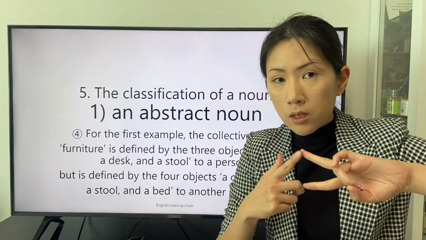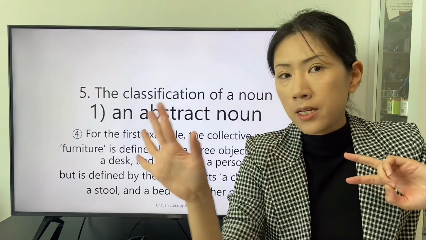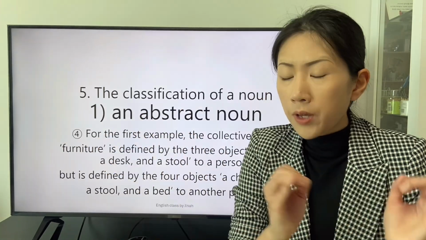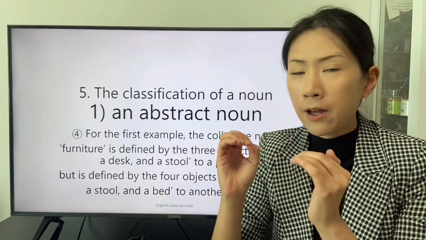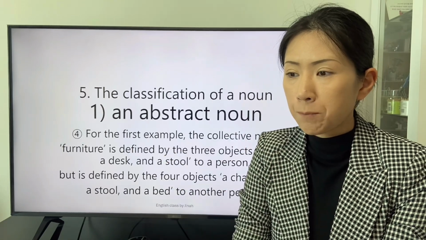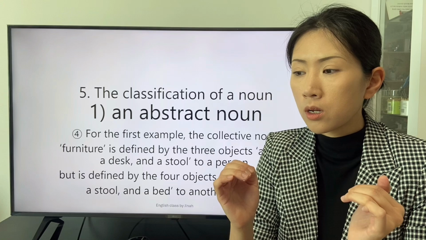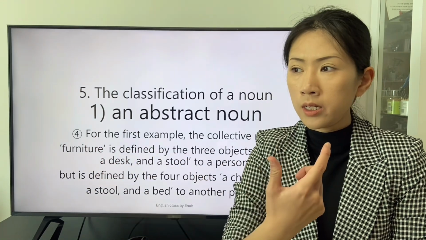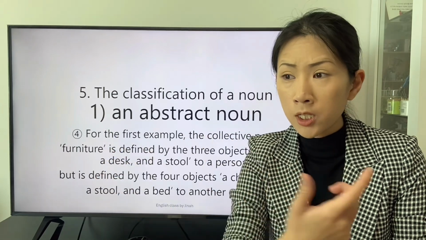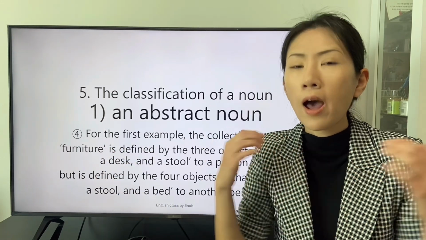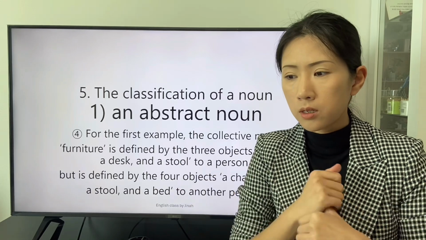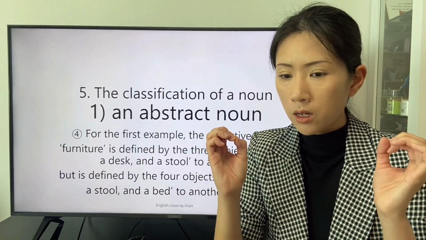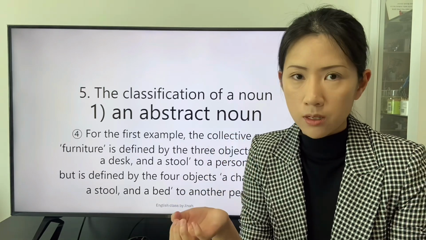So the collective noun indicates a characteristic which is metaphysical. The characteristic to define the noun furniture is that an object which is applied in the interior design in a house, but the characteristic is metaphysical.